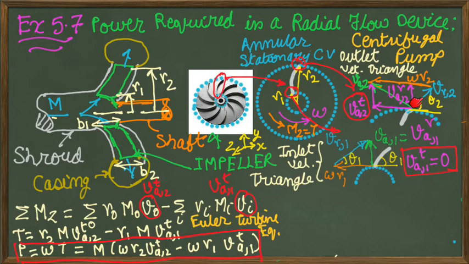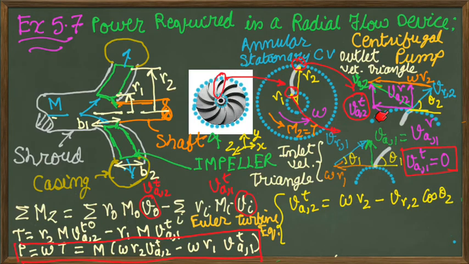If you take the horizontal component, omega R2 minus Vr2 cos theta 2 will give you Va2t, and that Va2t we will substitute here. As mentioned, this tangential component of the absolute velocity, Va2t, is equal to omega R2 minus Vr2 cos theta 2, as shown here.